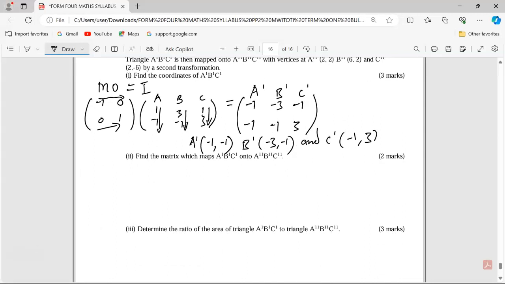Find the matrix which maps A'B'C' onto A''B''C''.